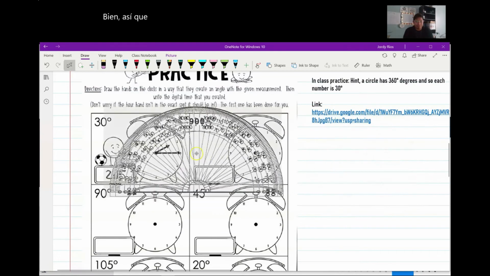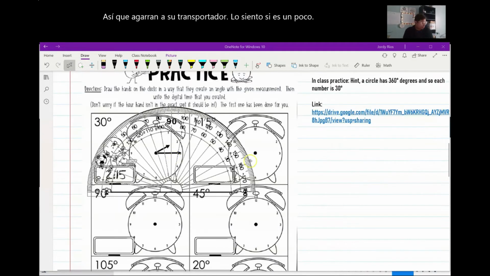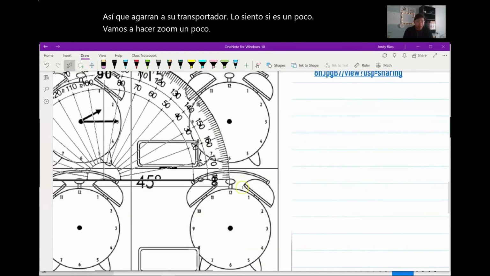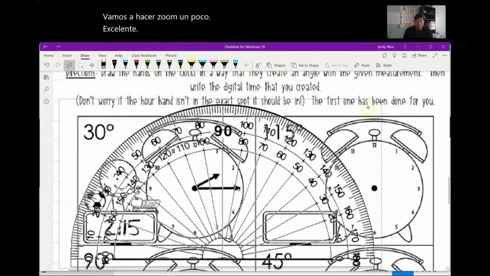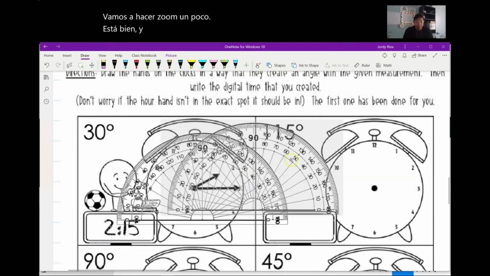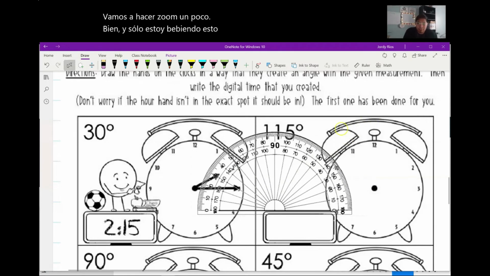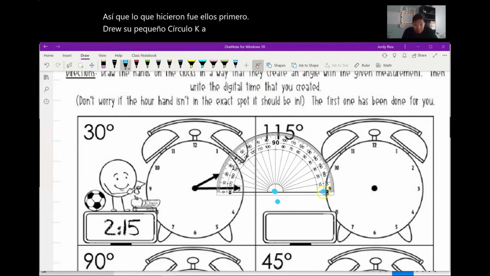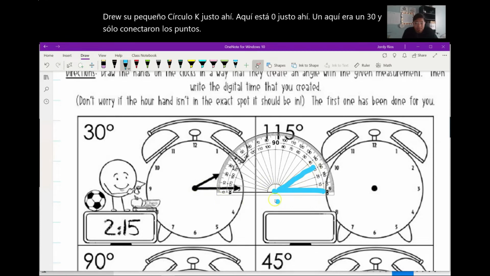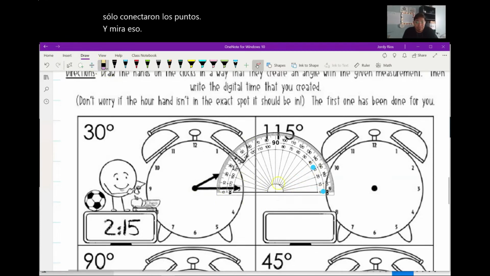We're just going to zoom in a little bit, and I'm going to shrink this just a little bit. So what they did was they first drew their little circle, right there. Here's the 0 right there, and here was a 30, and they just connected the dots. And look at that. Amazing. Let's go ahead and do that for the next one.